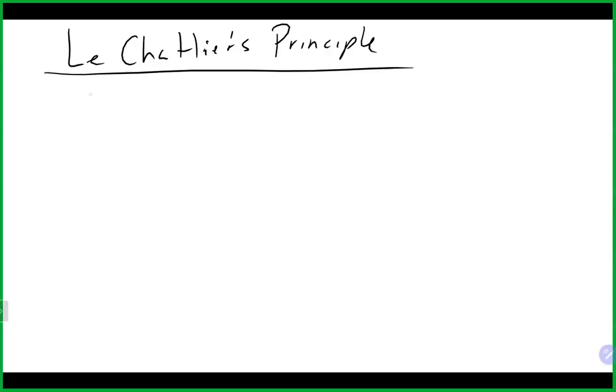So for example, if you have 2A plus 3B goes to C plus 2D, and let's just say these are all gases. This is a reversible reaction, which means we do have arrows heading in both directions.